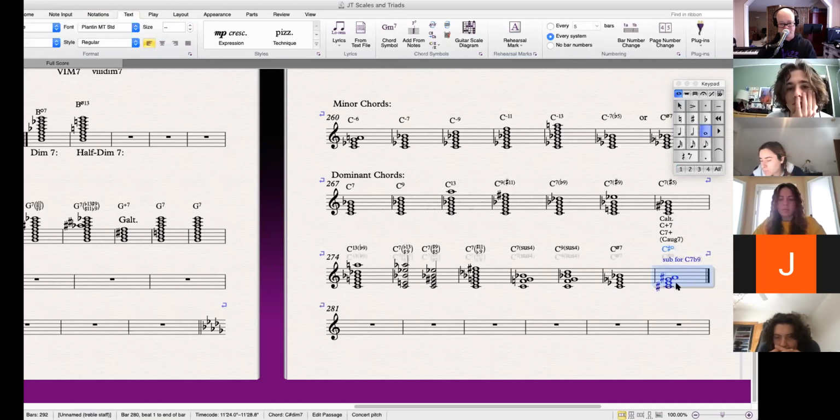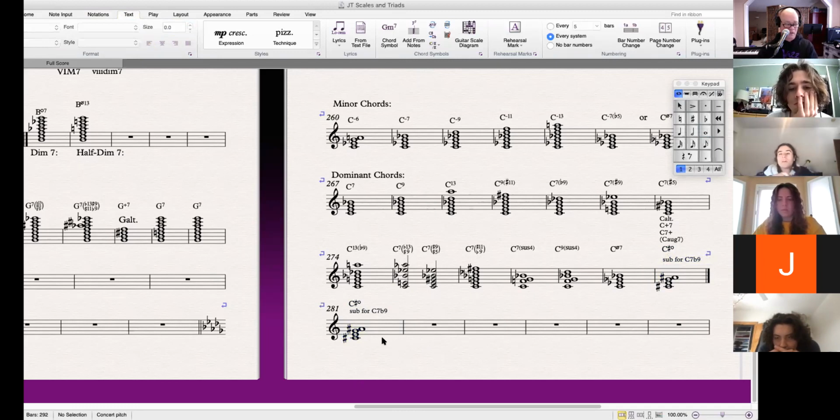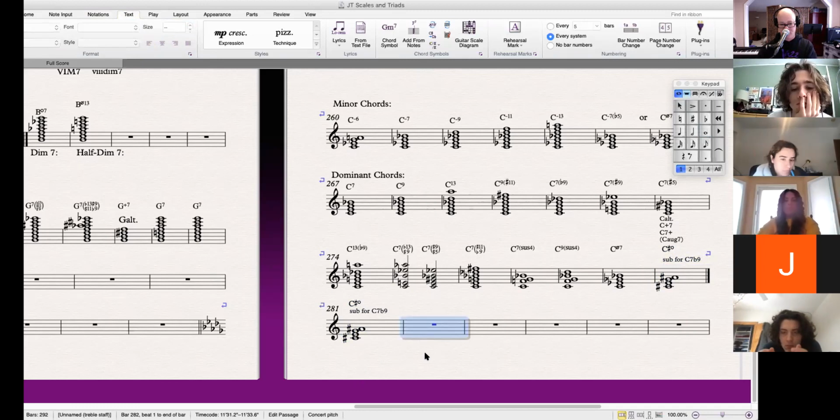Let me copy this measure, put it down here, so you can see what I'm talking about. Okay, so let me build a C7 flat 9 next to it, and maybe you'll see. I'll just call out the notes as I go.